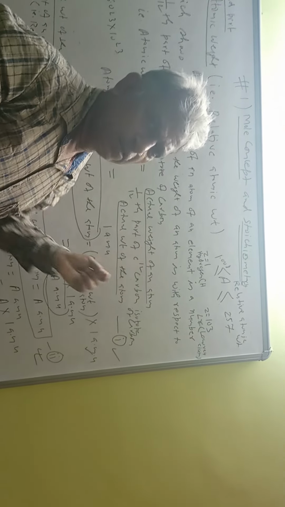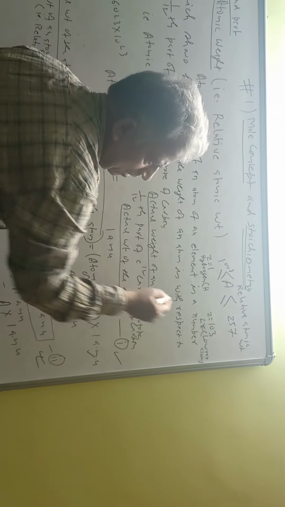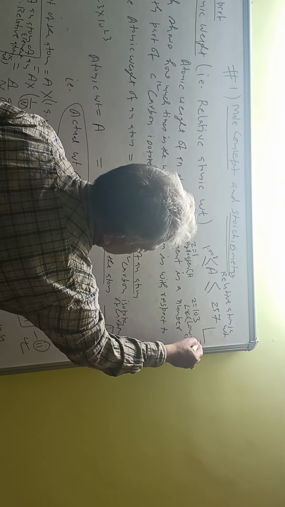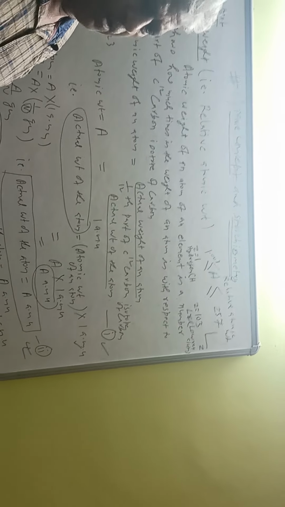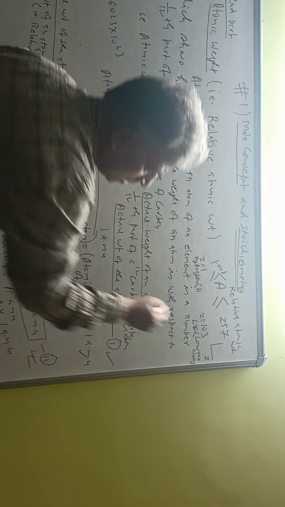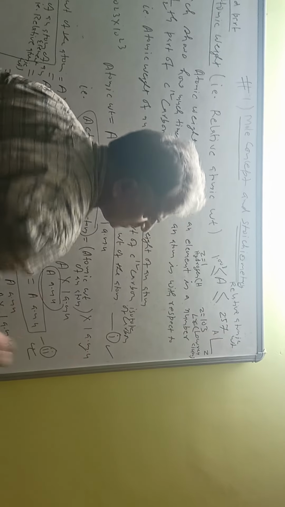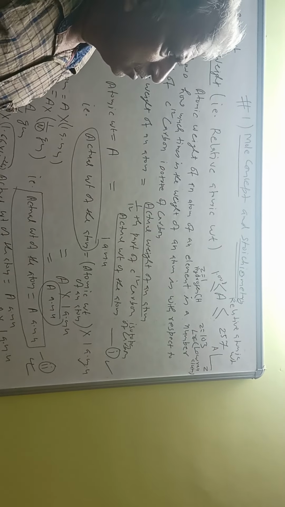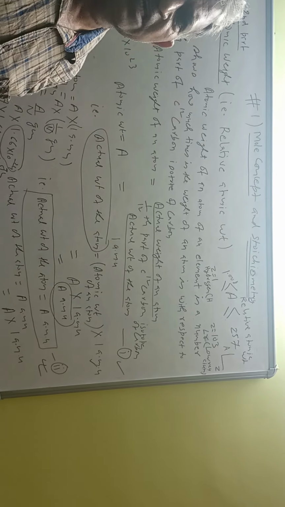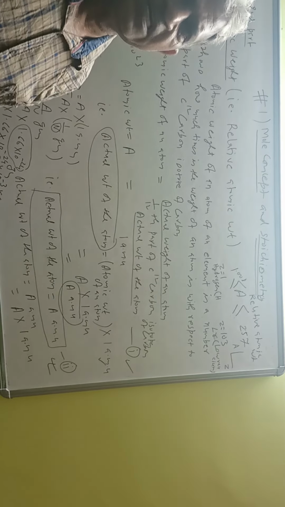Another question I am giving: on the x-axis, horizontally, put the atomic number Z for each and every element in the periodic table, and on the vertical direction, suppose, put the atomic weight, that is the relative atomic weight. Now for each and every element, atomic number 1, 2, 3, 4, 5, and so on up to 103, find out the atomic weight of each element.